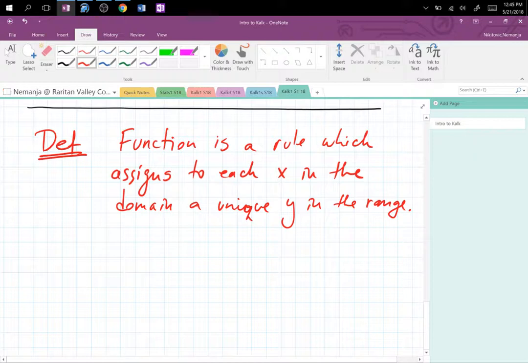So function is a rule which assigns to each x in the domain a unique y in the range.